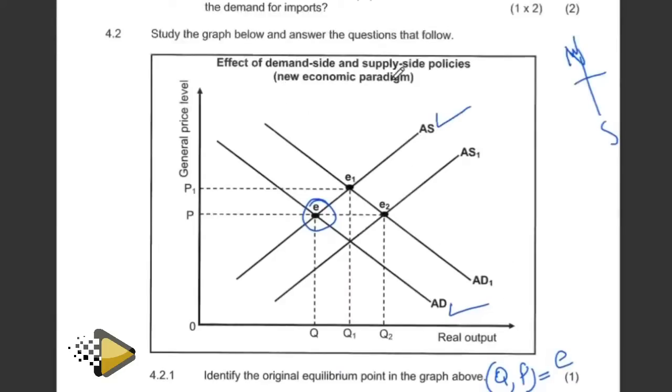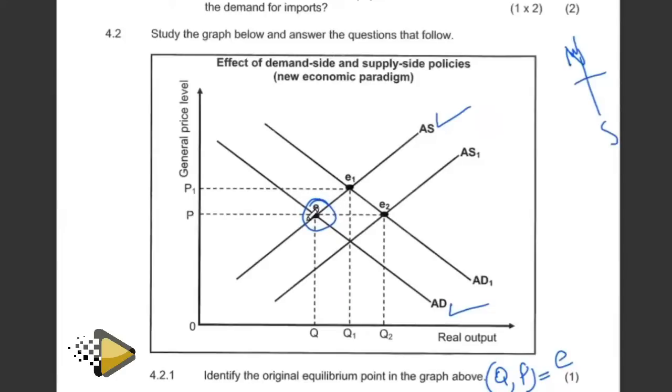Let's check the effect of demand side and supply side policies. If we check this graph, originally we have the aggregate supply curve as AS and the original aggregate demand curve as AD, and the equilibrium was at E, meaning this was our first equilibrium.